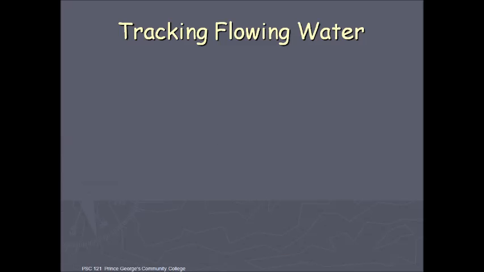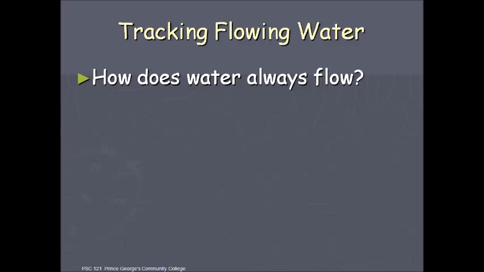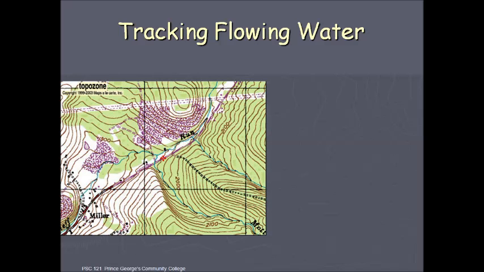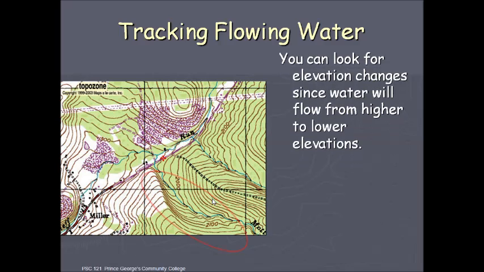So let's look now at how we can determine which direction the water is flowing on a topographic map. So water always flows downhill. So we can look for the change in elevation. In this map, I'm going to be looking at this river right here. I'll circle it.